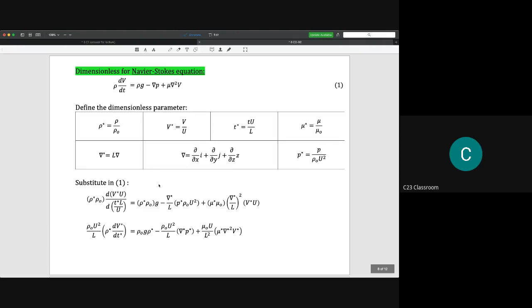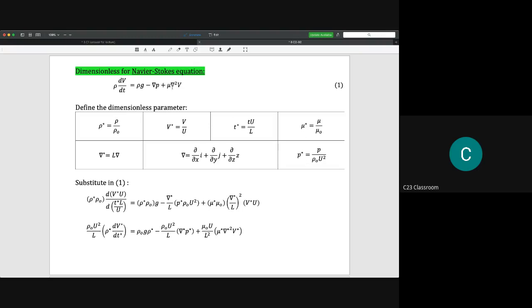Okay, then we go to our Navier-Stokes equation. This is the Navier-Stokes equation, the simple one. We could substitute the value of rho star, because we have rho and g is constant. We have velocity v, time, mu, and pressure p here, and we have nabla.